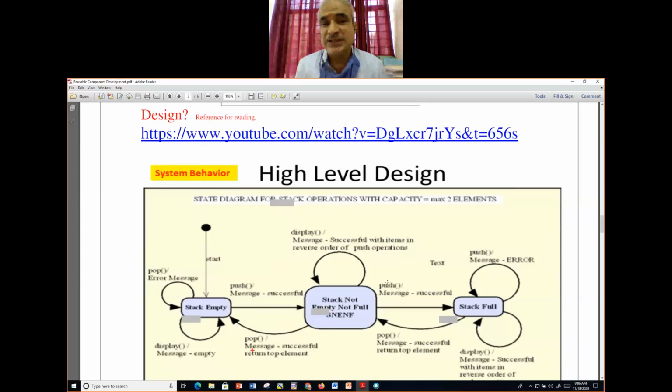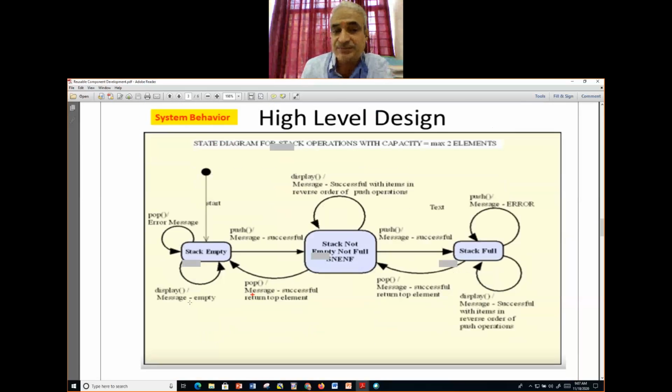Why I'm asking this is that when you are doing that one, there are three things to remember. One is the design specification, that is given here in the form of the state diagram. The behavior of a particular system is represented here, and accordingly, some group has developed a code and the class file is available to you.